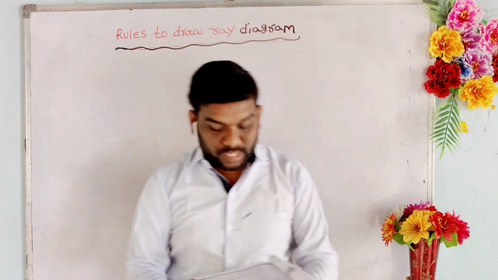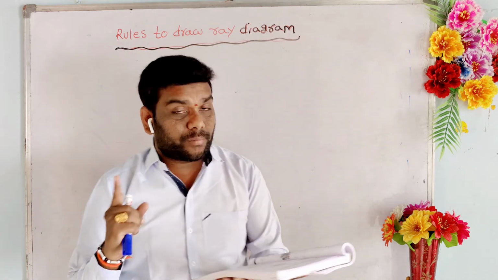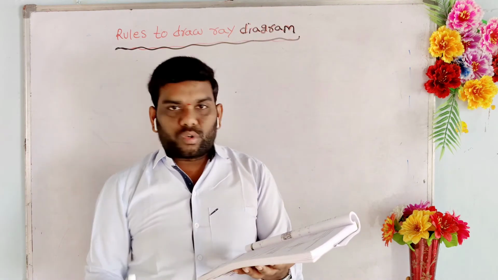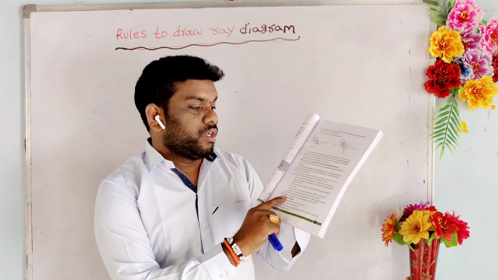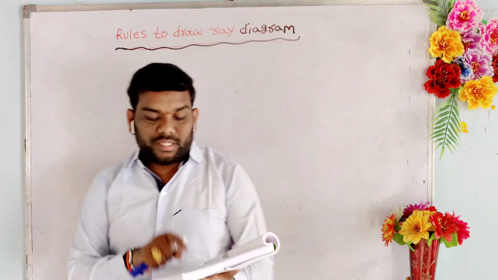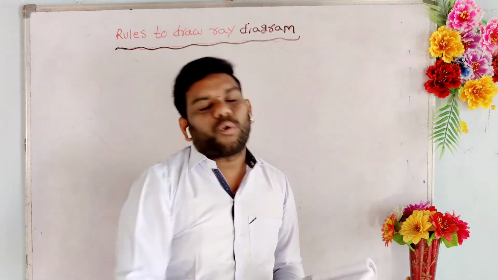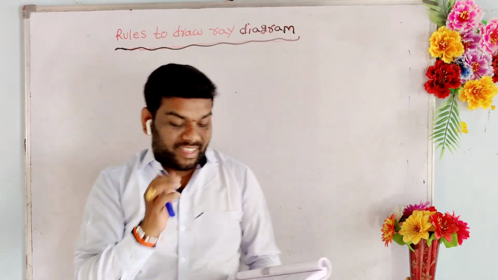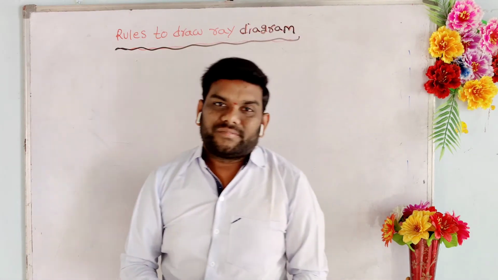So what are the rules on our page number 73? Few basic rules to draw a ray diagram. For drawing a ray diagram, it is very important to find the position and size of the image.